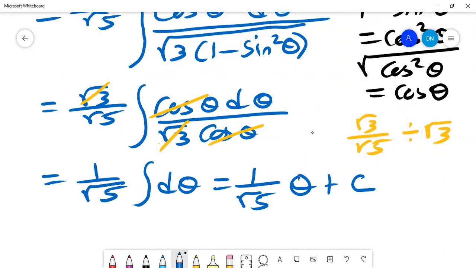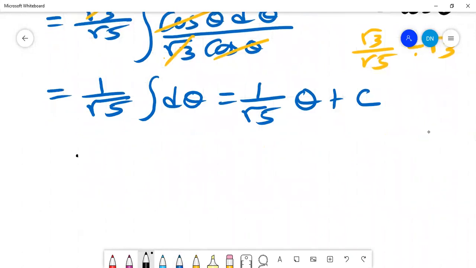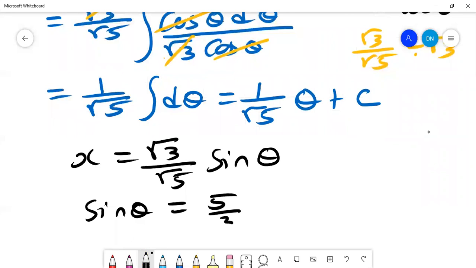That is our solution, but I would not leave the answer at that point. Why? Remember, our original equation was in terms of x. So I need to write back, introduce my x, so that I can write the answer in terms of x. We had said at the beginning that x is equal to root 3 over root 5 sine theta. Therefore, sine theta is 5 over 3 to the power of a half times x, which is true.